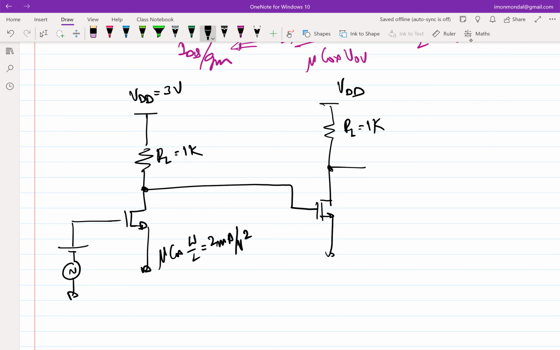Okay, so let's say a circuit is hooked up like this. Mu Cox and W by L are identical for the two transistors. And this VGQ is 2 volt and threshold voltage is 1 volt.